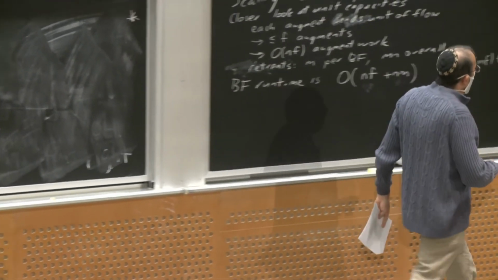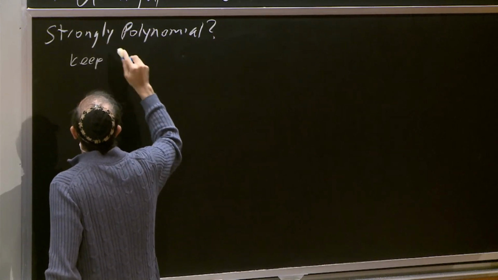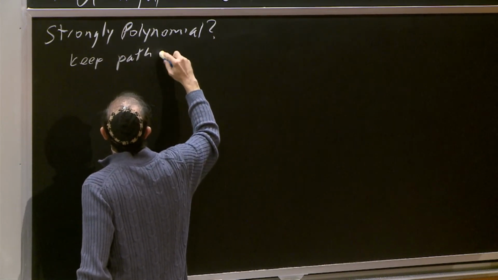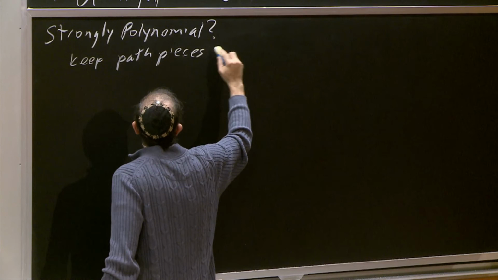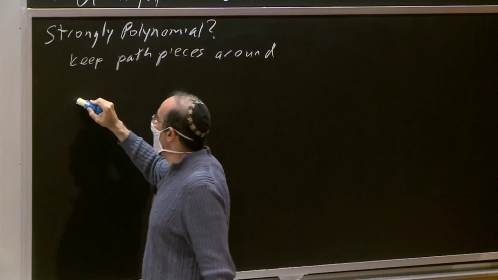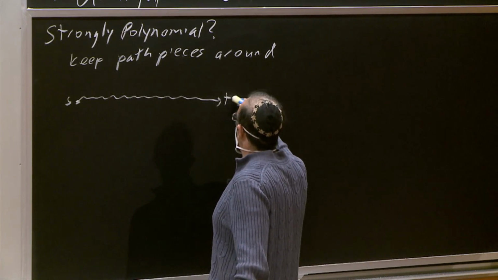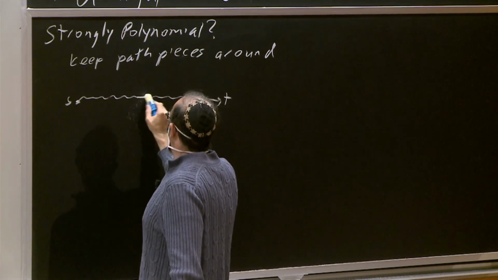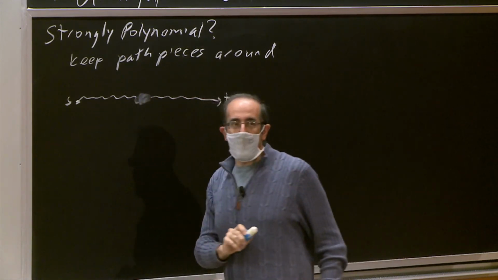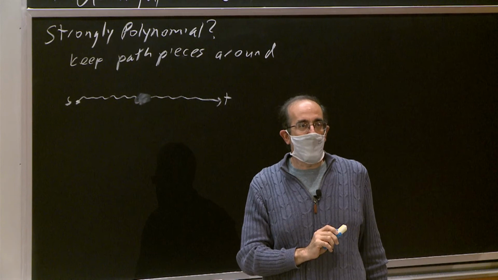So the idea is to keep these path fragments around. Basically, we start at S, we advance to T, and we find a path, and so we do an augmentation, and we delete the saturated edge that we augmented.